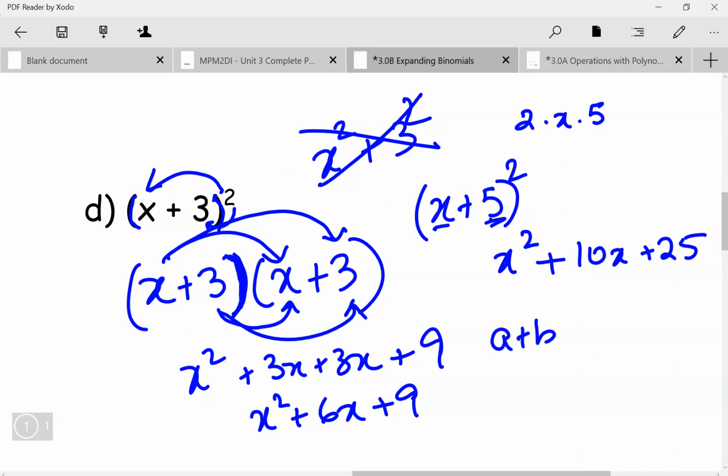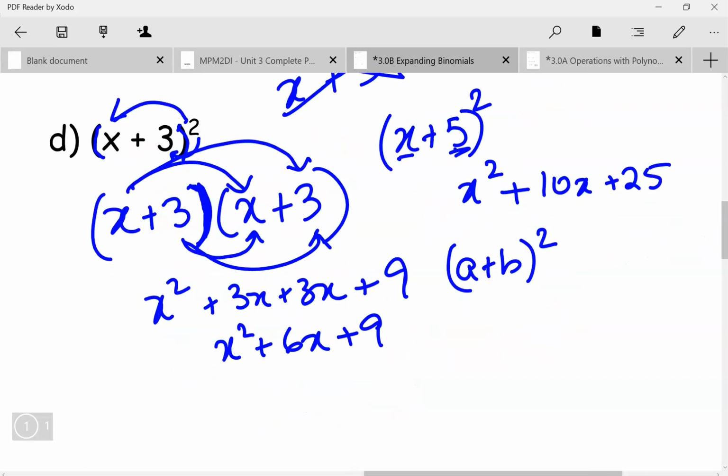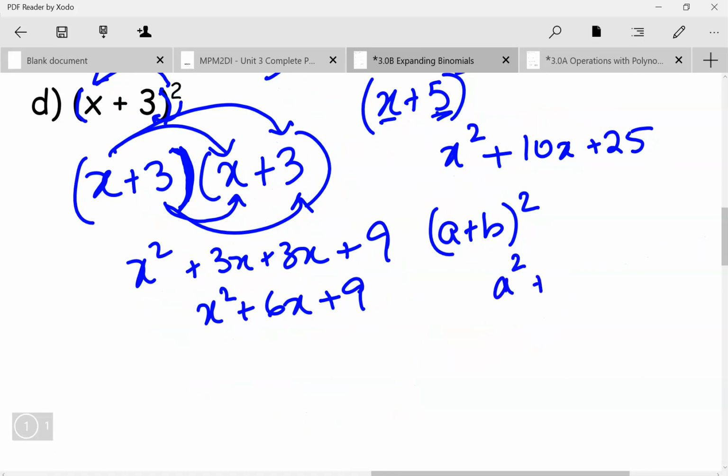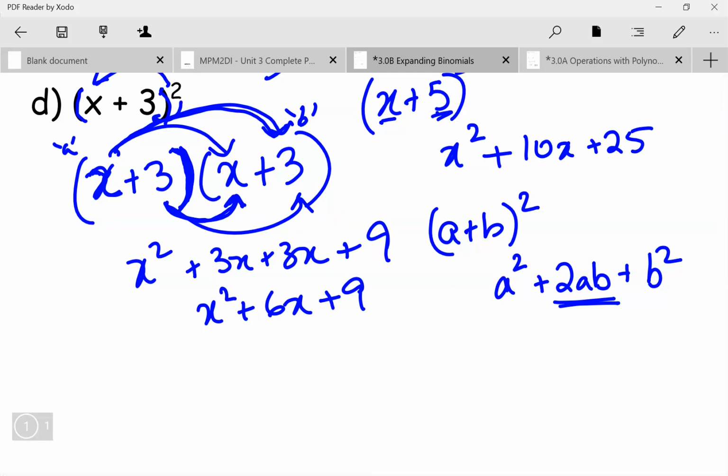A plus b the whole squared, just like it is here, I get a squared plus 2ab plus b squared. The 2ab comes from the fact that if x is the a and 3 is the b, I do a times b once, and I do a times b again. So I'm doing a times b 2 different times, adding them together. So that's where this 2ab comes from.